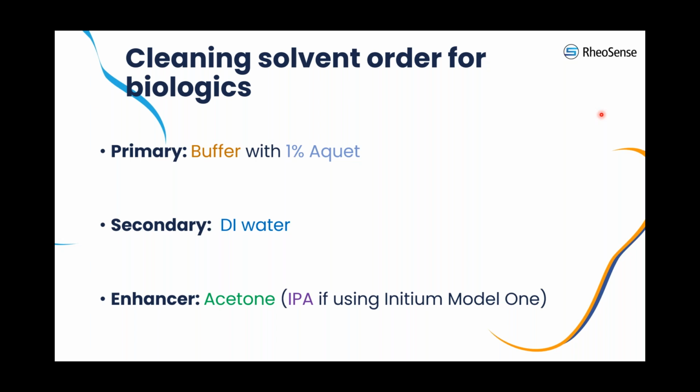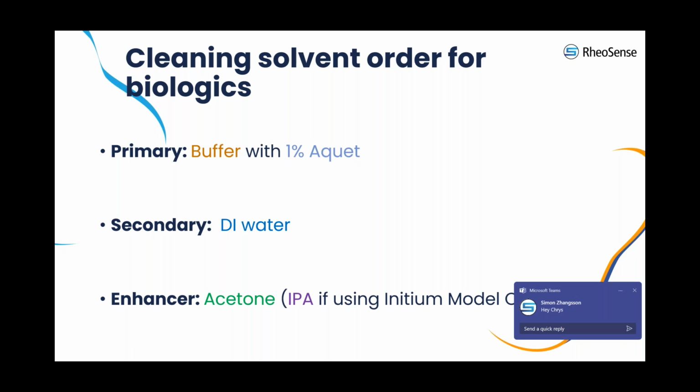With our Microvisc Pro new instruments, you can run one sample after the next without cleaning, provided the samples are compatible with each other. So after you finish measuring all these samples, then you can clean with a buffer or an aqueous solution. But for MVROC2 and Initium instruments, we need to clean and dry the channel in between samples because we're relying on the retrieval and recovery functions that these instruments have.